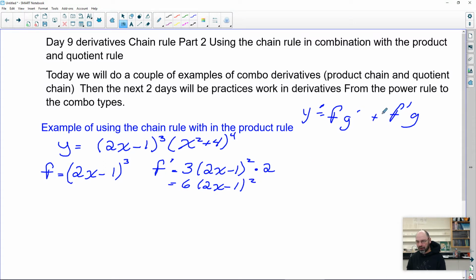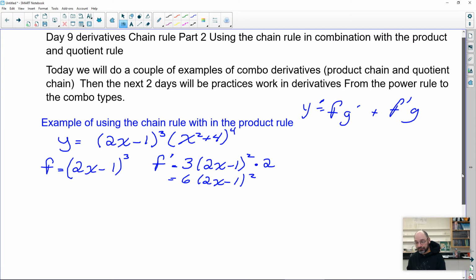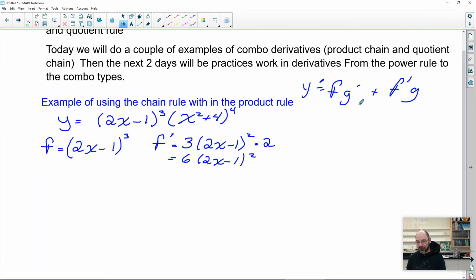So now when we use this formula, we're going to plug that in for f and plug this in for f prime. We do the same idea for g. We take g as being the second term, x squared plus 4 to the power of 4.